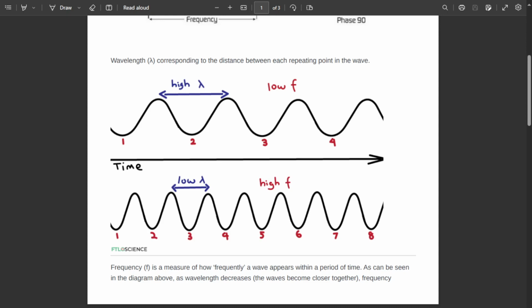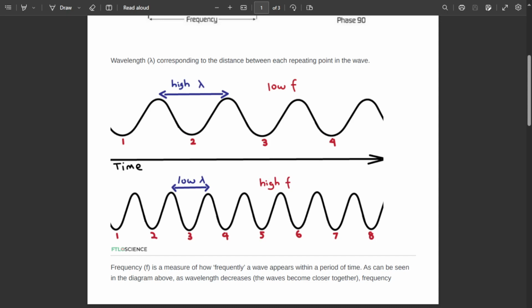See here, the duration is more, but here the duration is less. So with less duration, the frequency is high. With more duration, the frequency is low. With less duration, the wavelength is low. If the duration decreases, then the frequency is high.